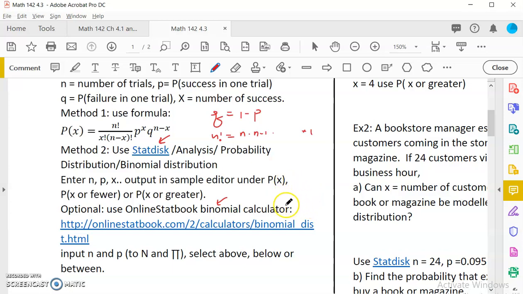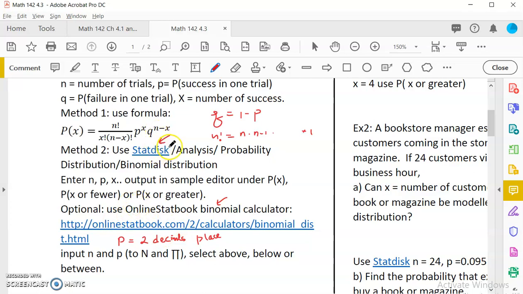But the only drawback is p is only allowed to 2 decimal places. So if your p is 0.001 or 0.123, you cannot use the online Statbook Binomial Calculator. But if your p has 2 places, then this is actually a little better.